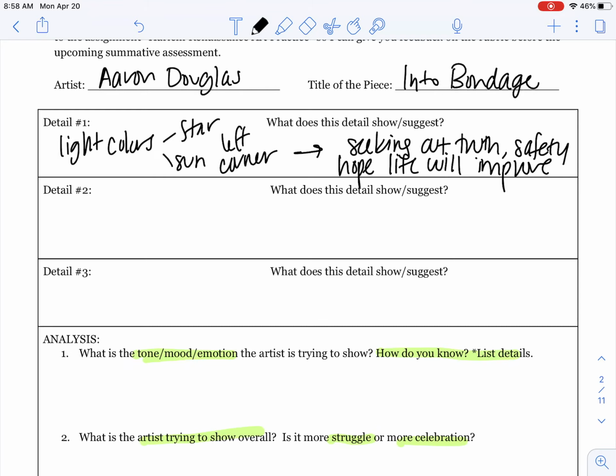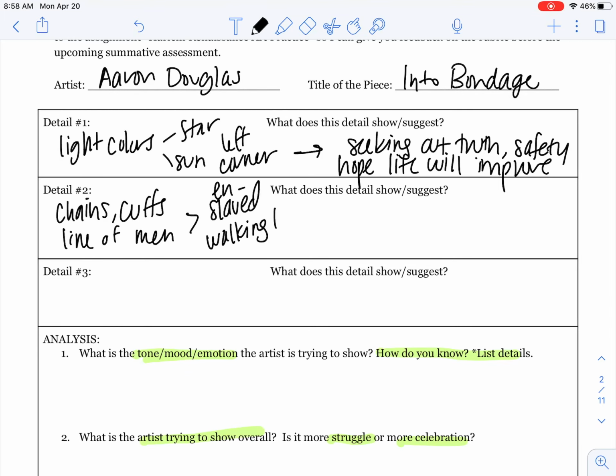Again, just my guess. Another detail that really popped out to me was the chains and the cuffs around their hands, the line of men, obviously being enslaved, walking toward the ship. What do I think it suggests?